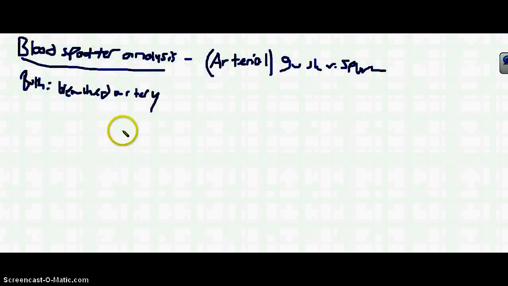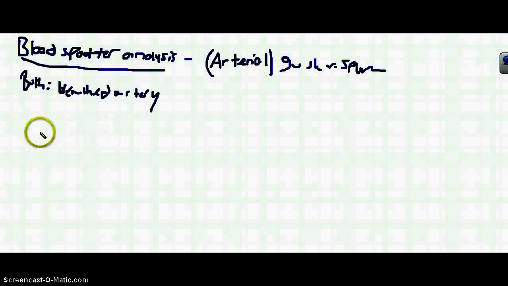Now the veins impact this. The veins make it more complicated and display different ejections of blood that will come out. But basically that's not important for now. All we need to know is our differences.